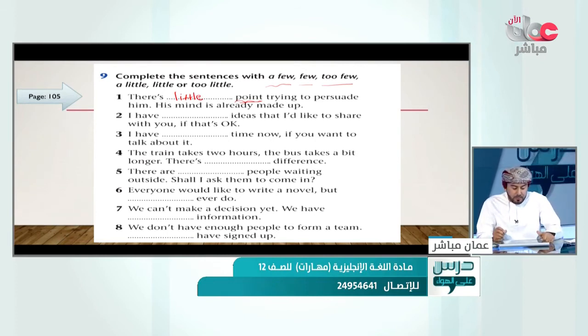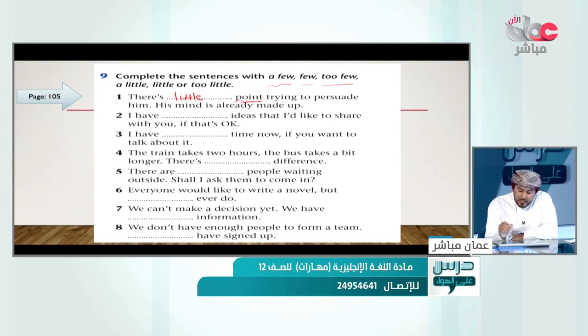Look at number 2. Try to read and give the appropriate answer. Look here. I have ideas that I would like to share with you, if that's okay. So I have here said ideas, which is countable. Since it is countable, the answer will be a few or too few.